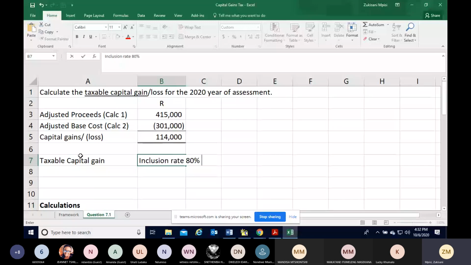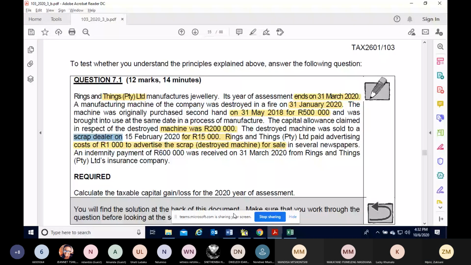What does inclusion rate mean? It means only 80% is taxable. Hence, you'll include that 80% in your taxable income. Are there any questions so far?